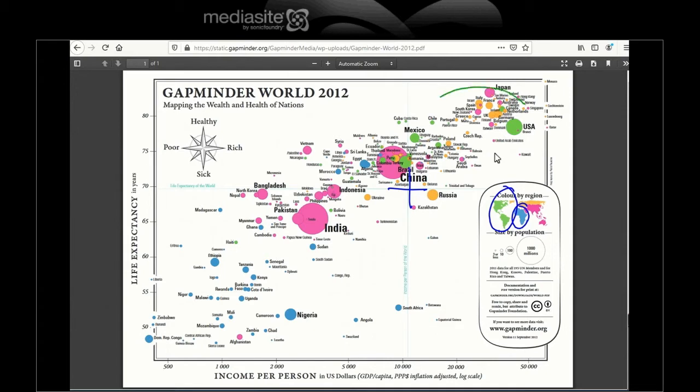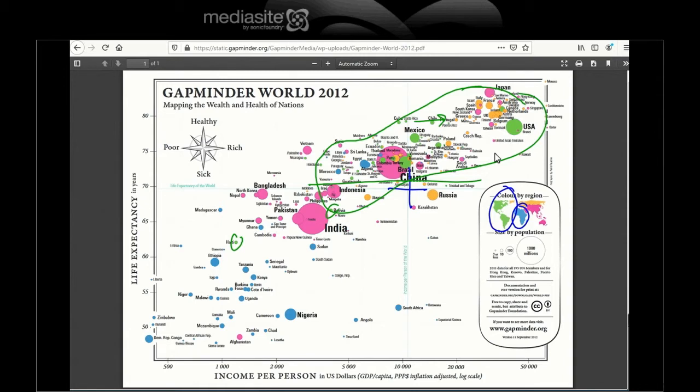Here's the green, and pretty much all of them are healthy, with few exceptions: Haiti, Bolivia. And a lot of them are also considered rich.